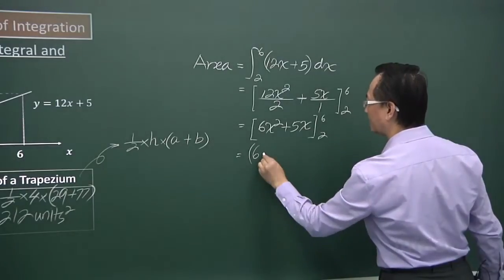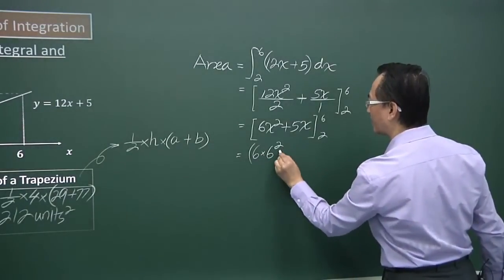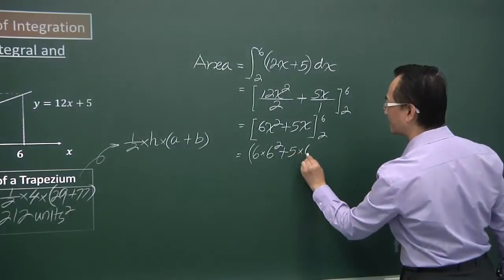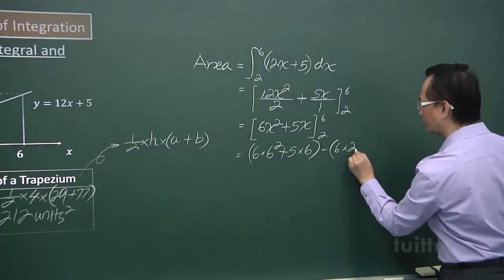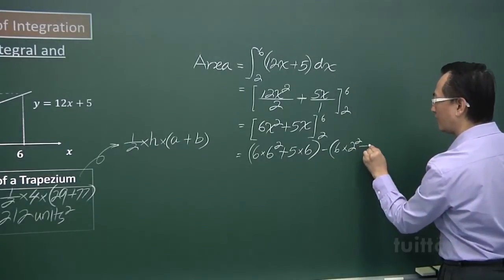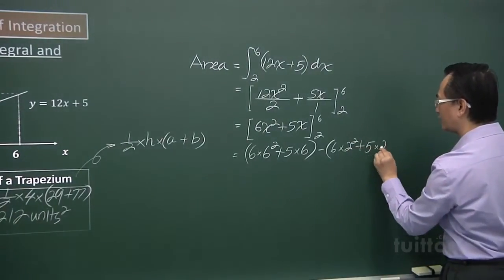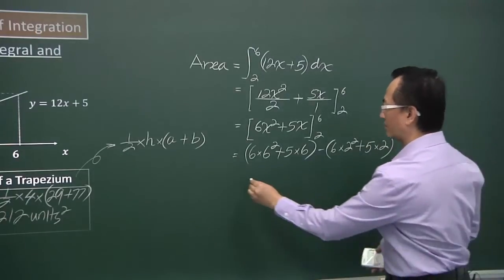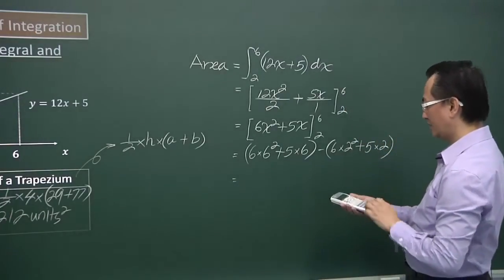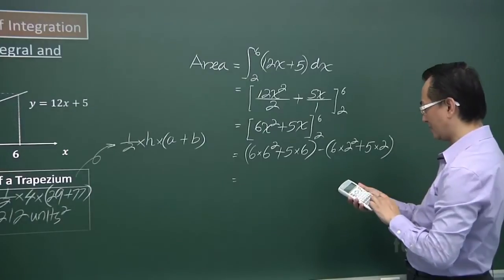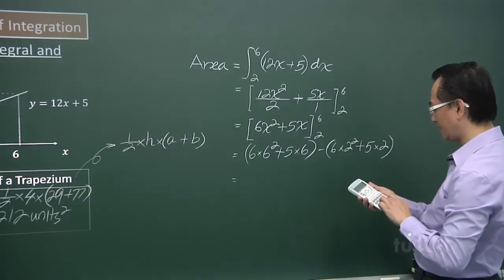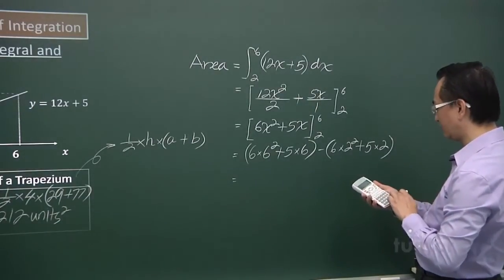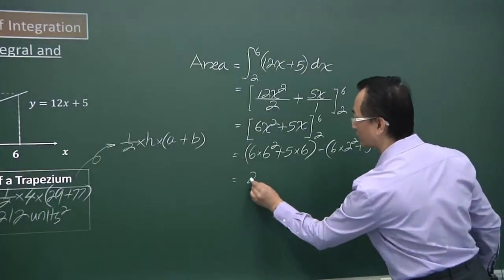So 6 times 6 squared plus 5 times 6, minus 6 times 2 squared plus 5 times 2. So the answer is 212.